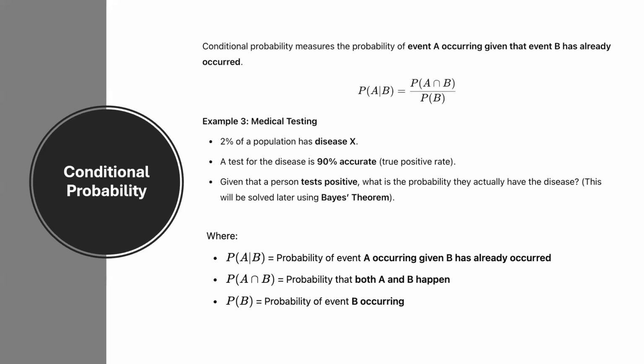Okay. Now, let me explain it again. If A and B are independent events, then the occurrence of B will not affect the occurrence of A. It means the probability of A happening if B has already occurred will still be P of A, because B is not impacting anything about A. We have to use this formula only when these two events are dependent.